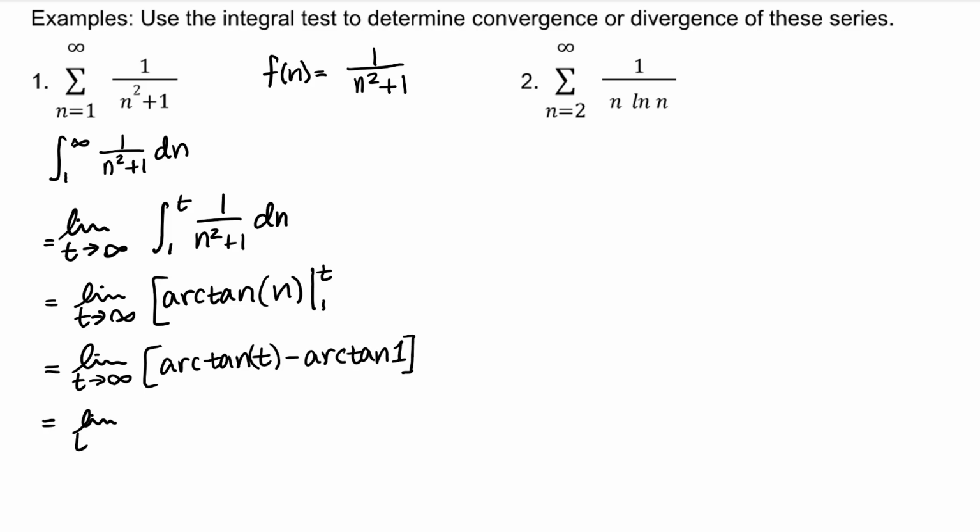I can separate the limit. And arctan of 1 is the angle for which tangent of that angle is 1. That would be pi fourth.